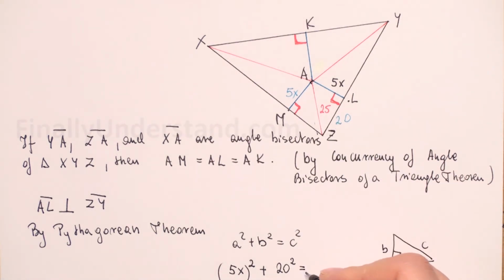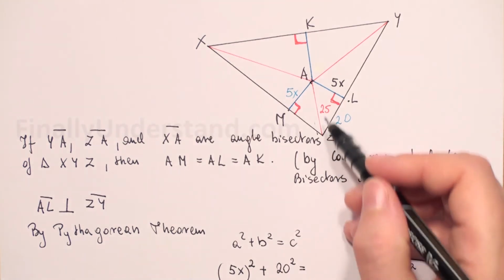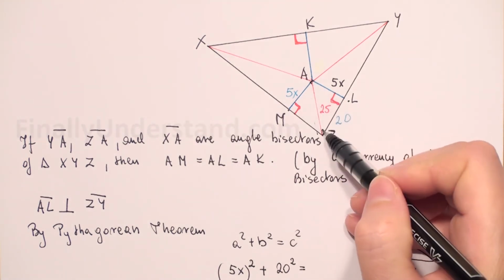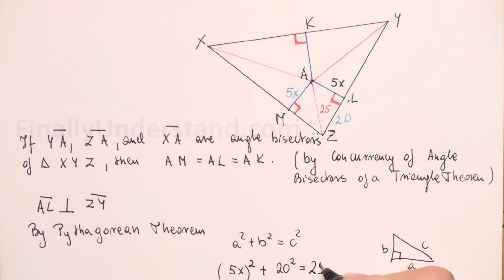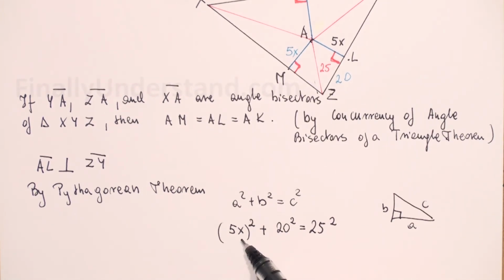So this is equal to the hypotenuse, like I said, AZ is 25 to the second power.